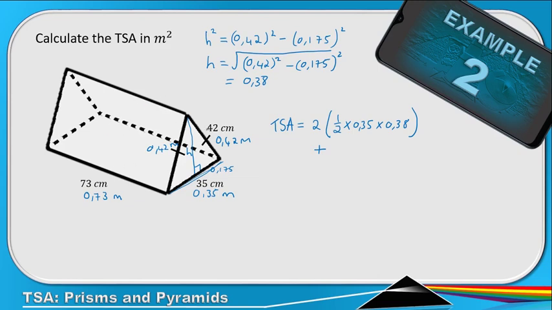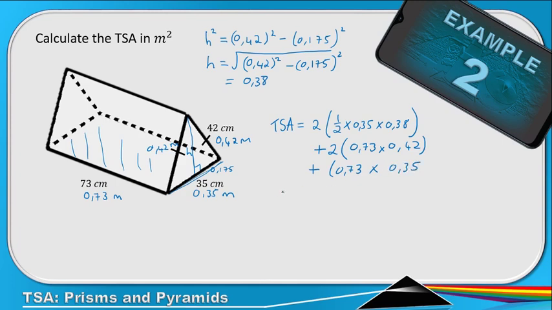Okay, so now we've got 3 rectangles, although 2 of them are identical, because we have these sides that are the same, making the front rectangle the same as the back rectangle. So I'm just going to say 2 times, and this is the length times breadth, so that's 0.73 times 0.42, and then finally also adding the base, this rectangle over here, that's 0.73 times 0.35.